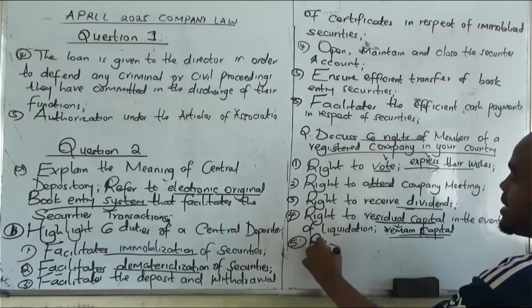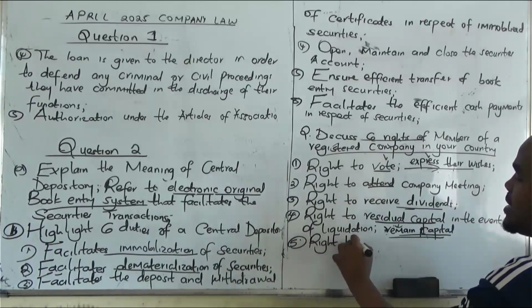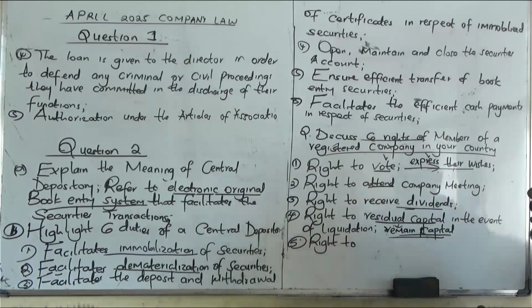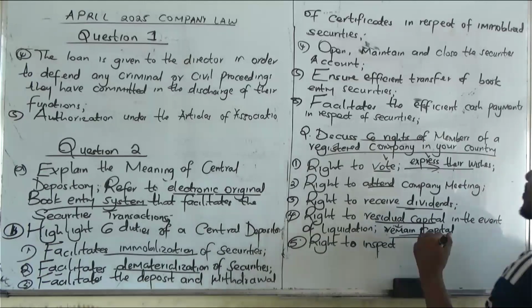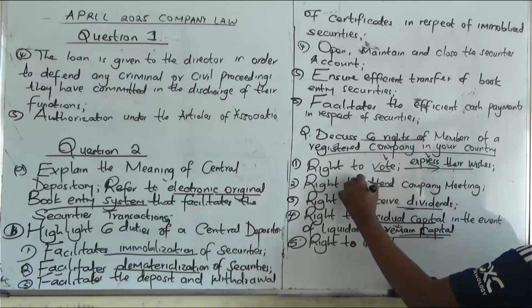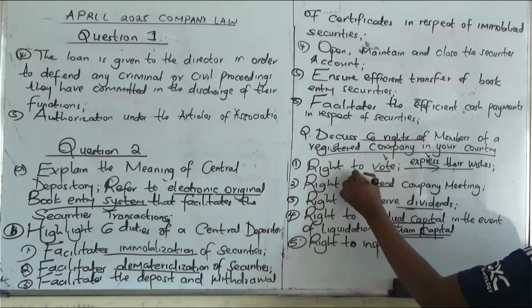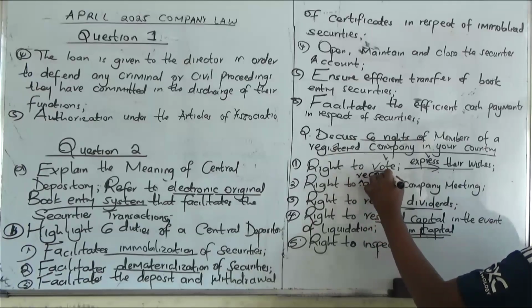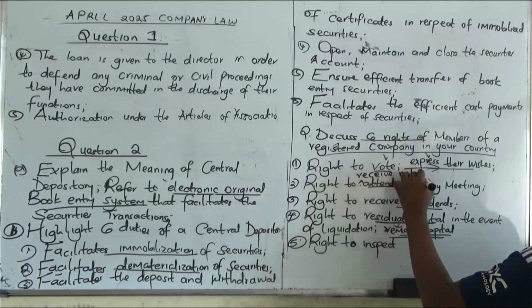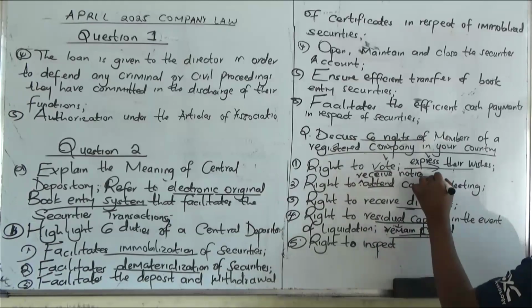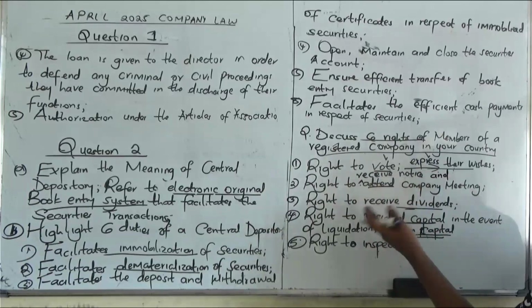Another one, they have the right, another right is that they have the right to inspect. Actually, here I forgot. You could have given the right to receive notice and attend company meetings. So you can distinguish them as two, but once, because it's revision.